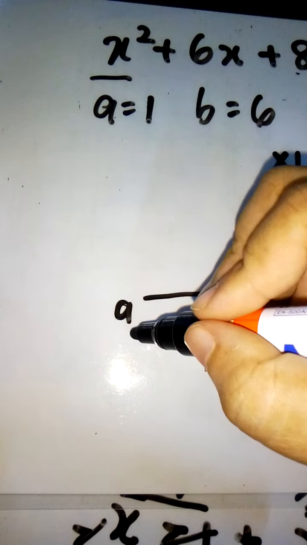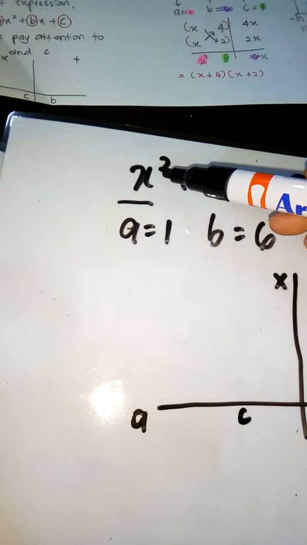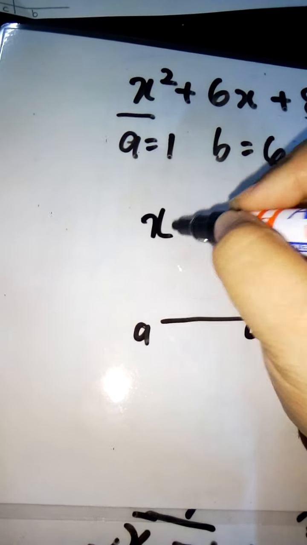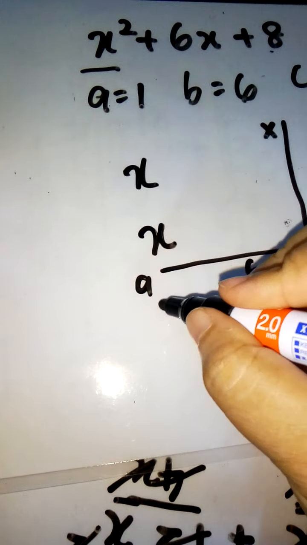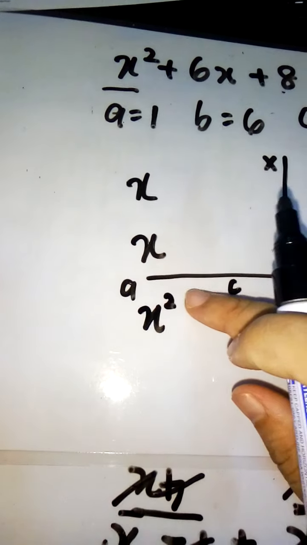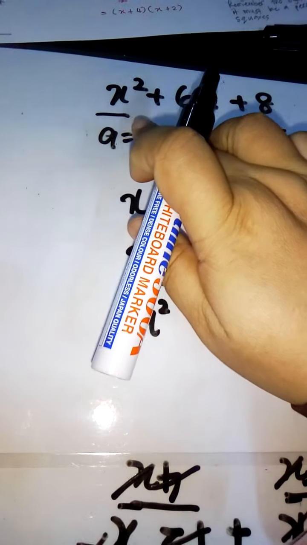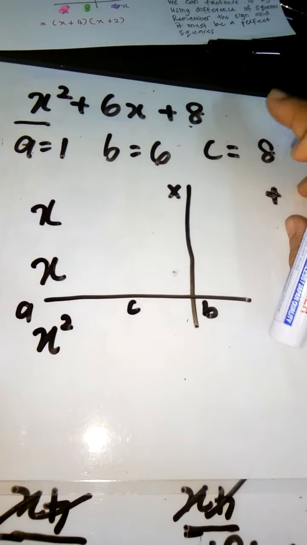So how did you get a? a is 1, x squared. So how do you get x squared, guys? You just put x and x, because x times x becomes x squared. Now c. c is 8.